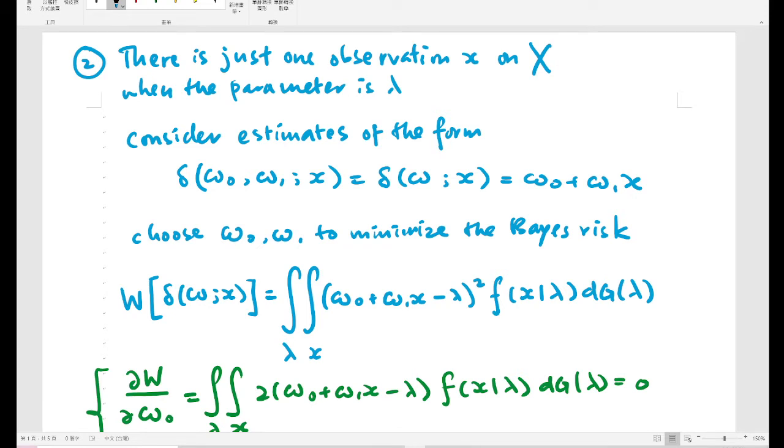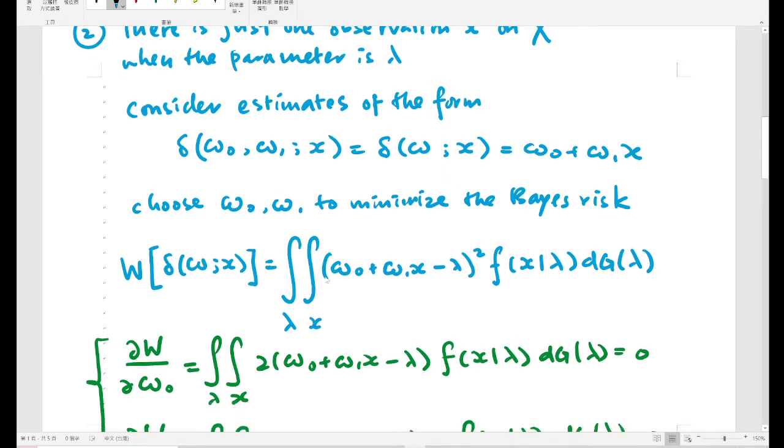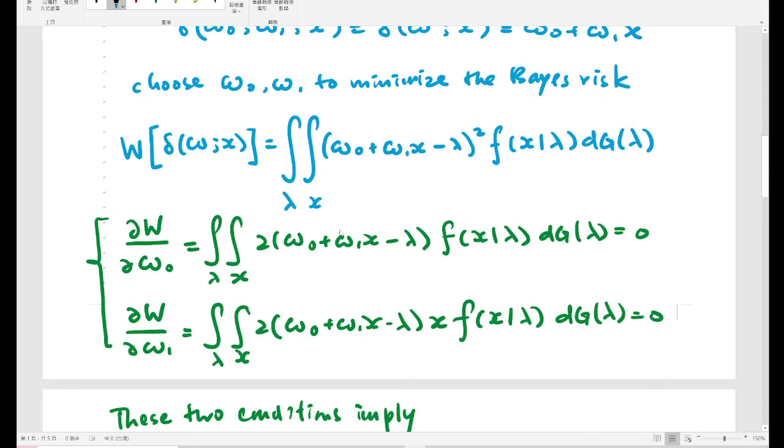As usual, we consider point estimation and we use the quadratic loss function, which is the quadratic distance between the point estimate and the parameter, and G is the prior pi as usual. Then the minimization is straightforward.